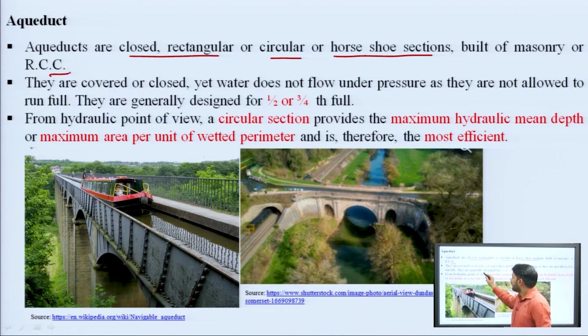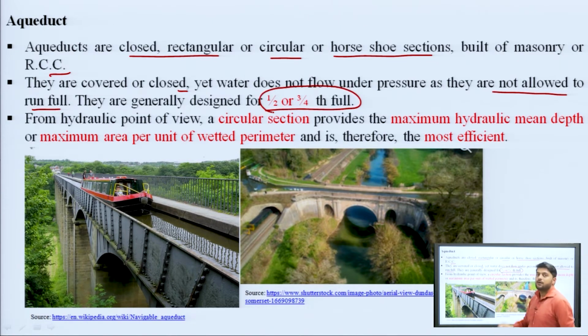They are covered or closed, but the action of water is under gravity. So, they are never allowed to run full. They are generally designed for half to three-fourths of the full size.